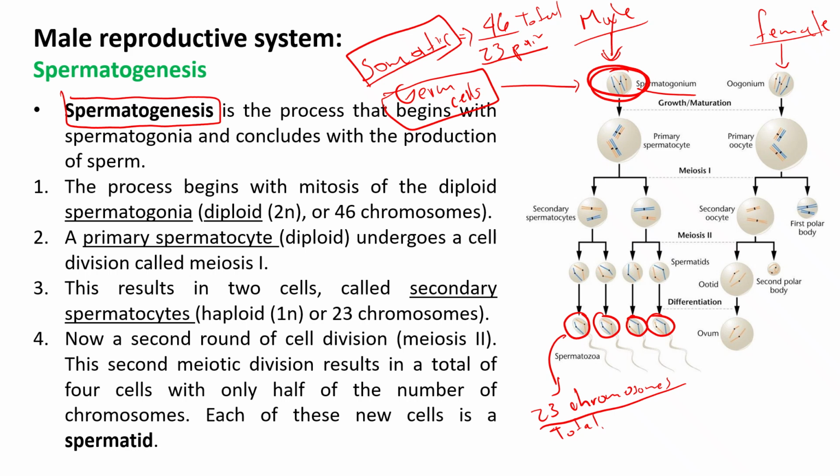So basically this process of division, in which there's going to be a distribution of the chromosomes, is what we call spermatogenesis. Important also that all the somatic cells divide and pass the DNA through mitosis.